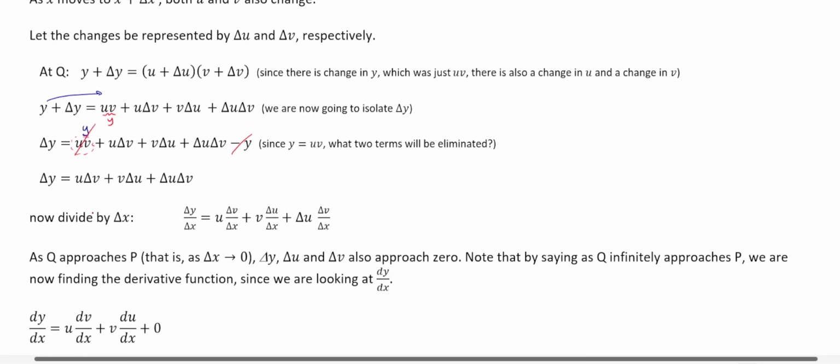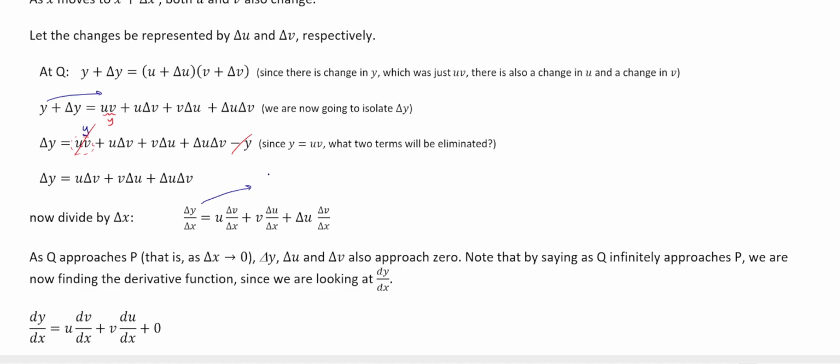Now what we're going to do is divide everything by delta x. The reason we're dividing everything by delta x is that delta y over delta x is the slope. And remember, the derivative is just the slope of the function at x, but it's a very specific slope: the slope as delta x gets infinitesimally small.